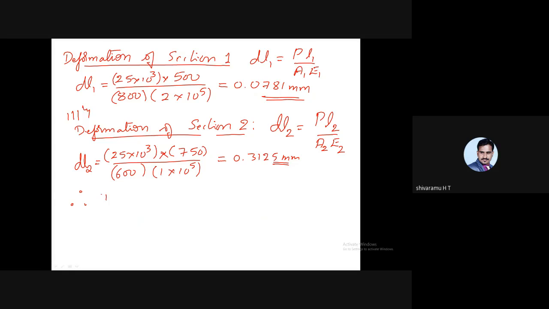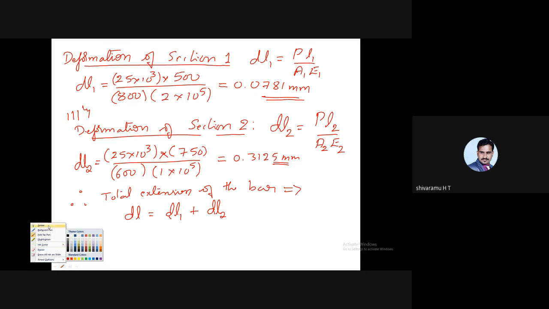Therefore, the total extension of the bar, which we denote by dl, is equal to the deformation of portion 1 plus the deformation of portion 2, dl1 plus dl2.